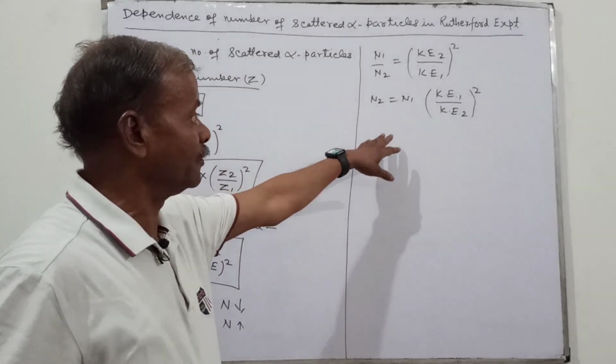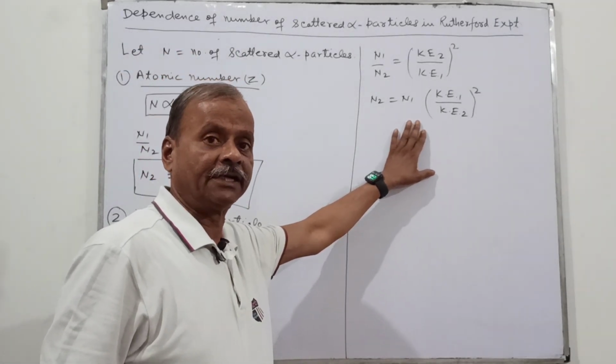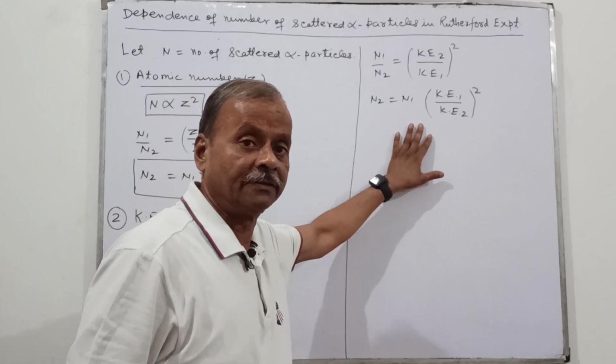So with the help of this formula we can find the number of alpha particles scattered at the different energies.